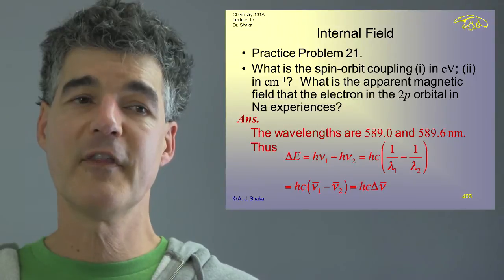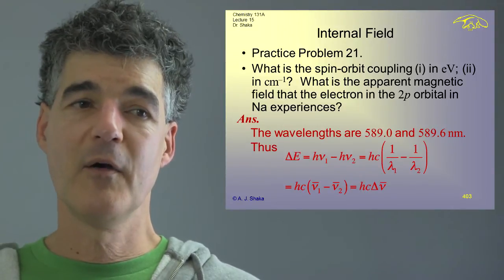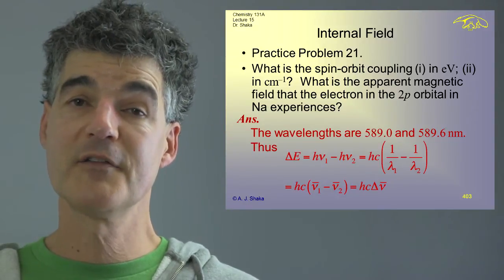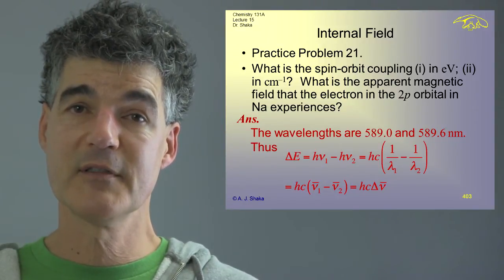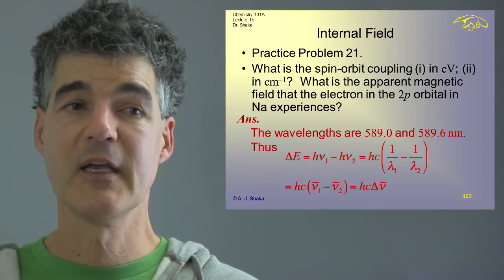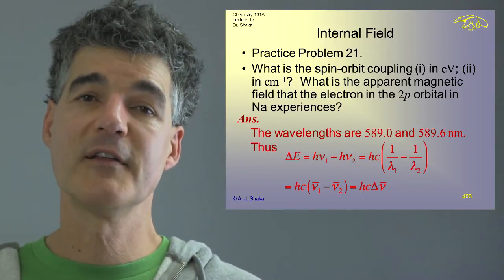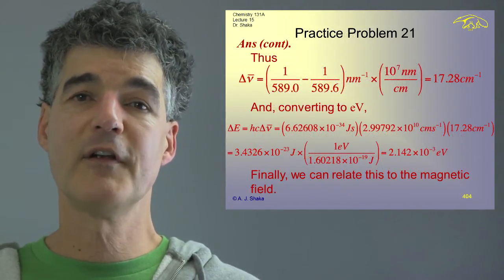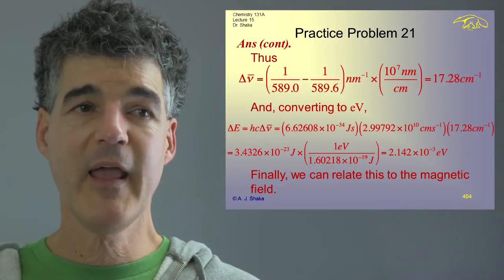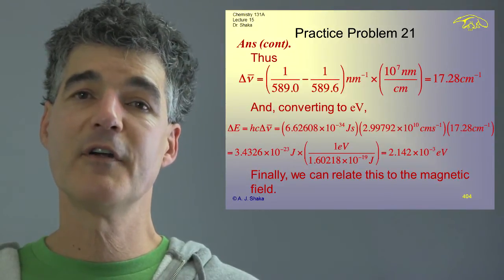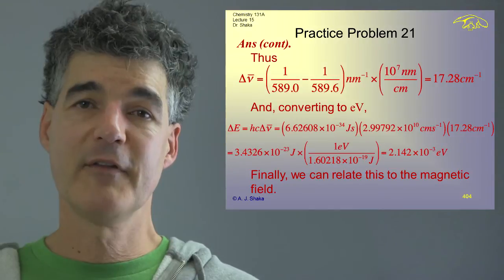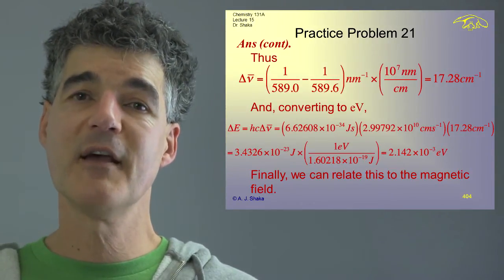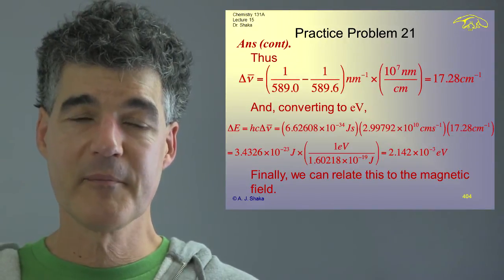And we can convert that then to wave numbers as just hc times nu bar 1 minus nu bar 2. Those are the wave numbers in inverse centimeters. And we can just write that as delta nu bar. So we can solve for delta nu bar, and we just have to take the inverse of the wavelength, which is in nanometers to the minus 1, times 10 to the 7 nanometers per centimeter.